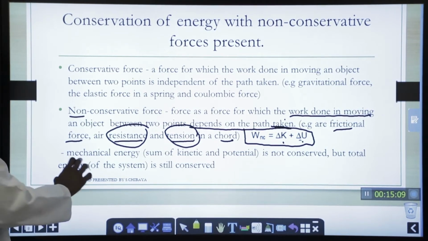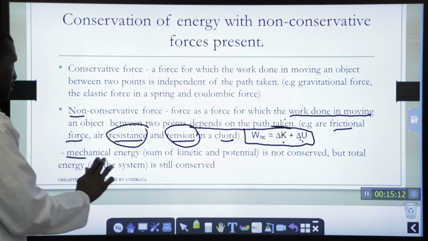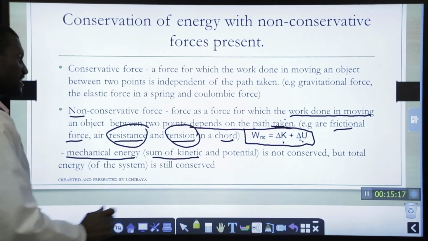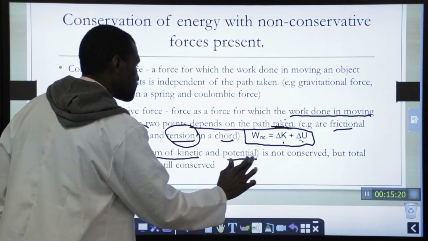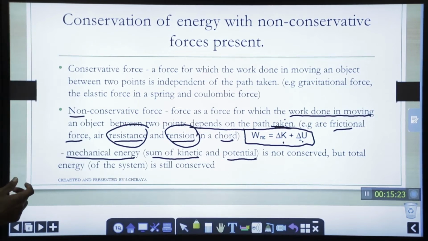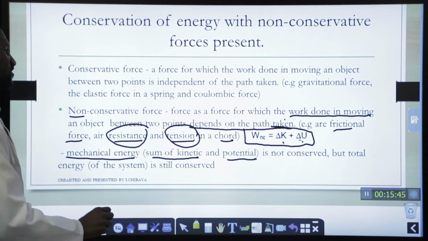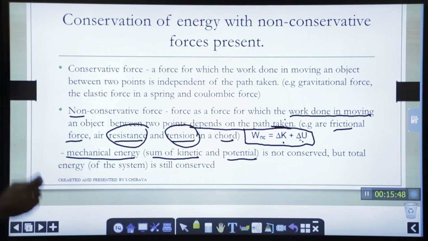potential energy. Mechanical energy, I spoke about it a little bit earlier on, is the sum of kinetic energy and potential energy. We have talked about kinetic energy, we have talked about potential energy, and mechanical energy is basically the sum of these energies, kinetic and potential. When it's a non-conservative system, the mechanical energy is not conserved.